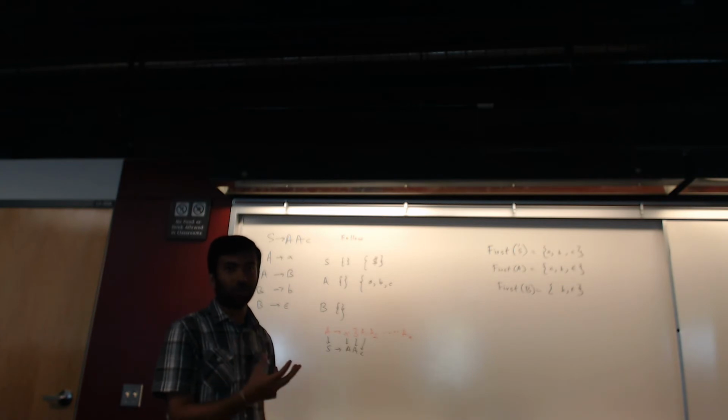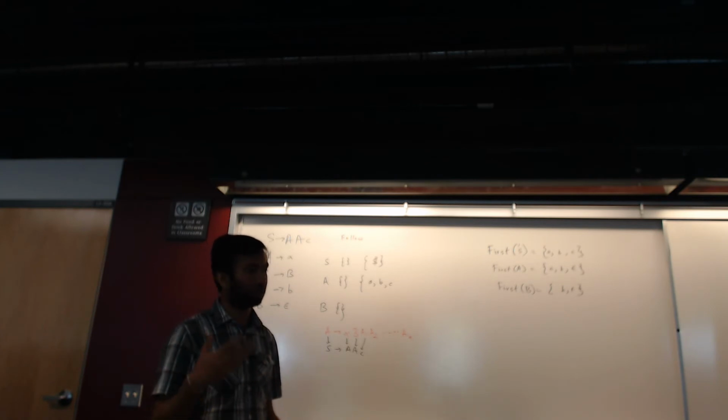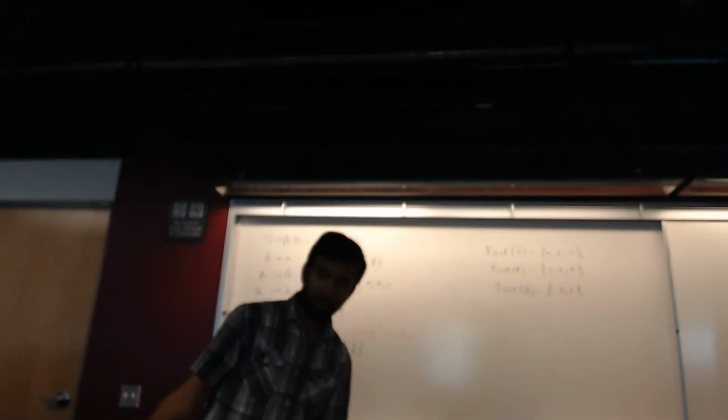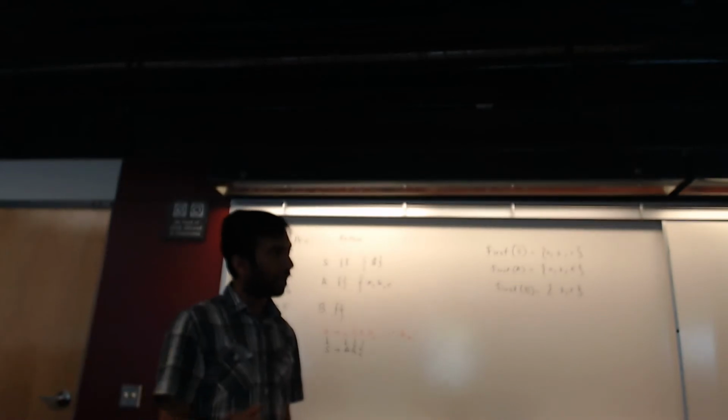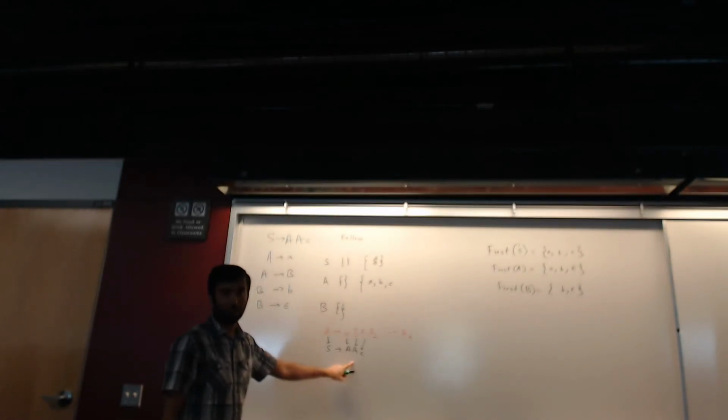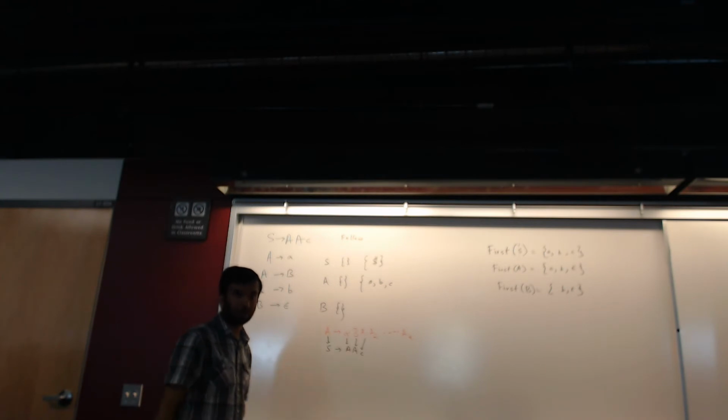You take the first of A1 blindly. You don't see whether epsilon is there or not. It does not matter. Blindly take first of A1, delete the epsilon from that set, and add it to the follow of B. What is B here? B is A. That's how it applies. And the first of A1 is C, so C is added to follow of A.